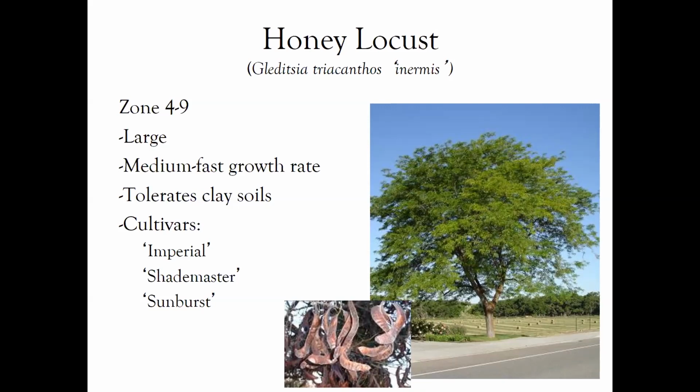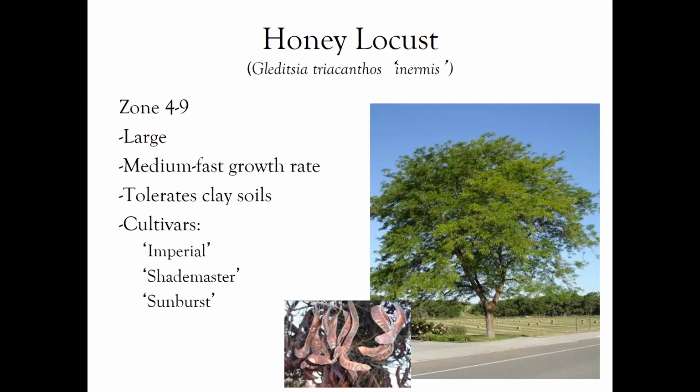Sunburst is a variety that has yellow leaves all year long. I don't personally care for it because I don't really like leaves that look like that, because to me the trees look nutrient deficient. But again, this is another tree where there's male and female trees, and so the selections that you find in commerce are going to be male selections, so they don't bear fruit.